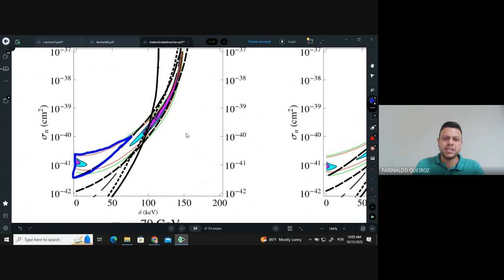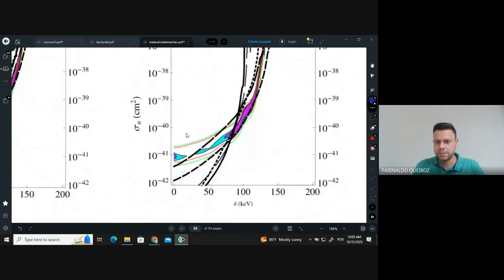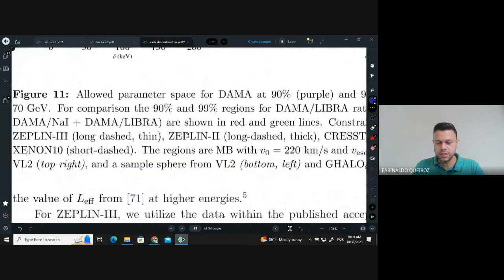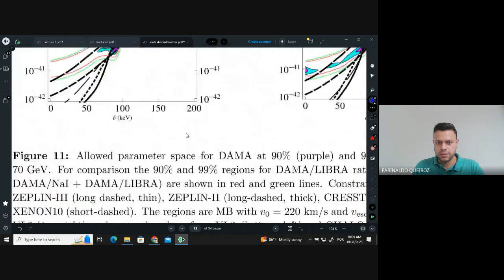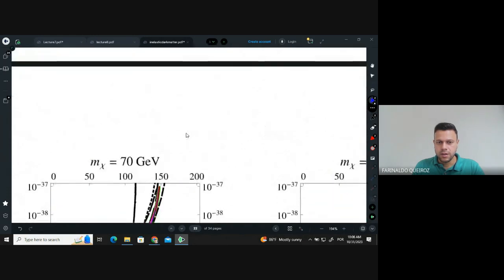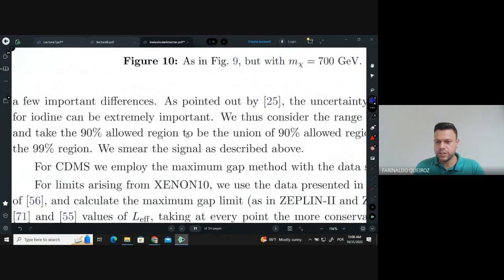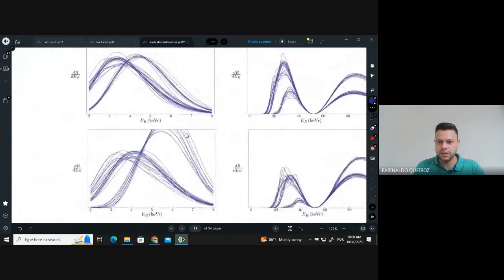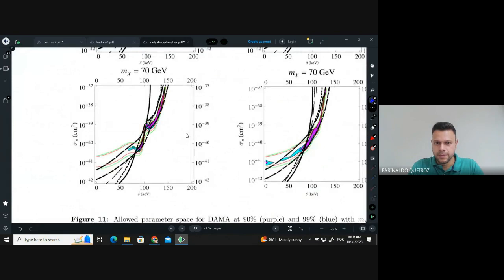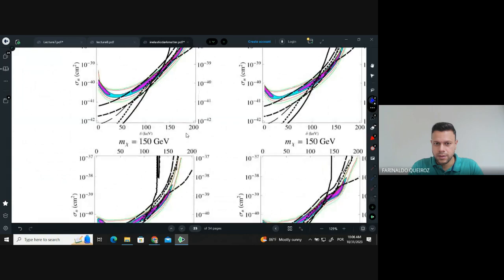See, because those limits are excluding everything to the other side. So as you go to heavier masses, let me see this one. Let me see if there's one which is clearer than this one. It's here, this is more visible.